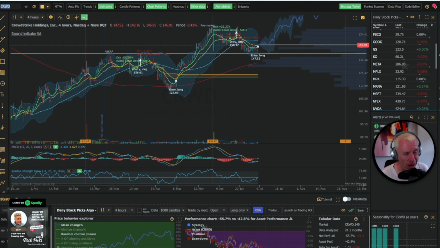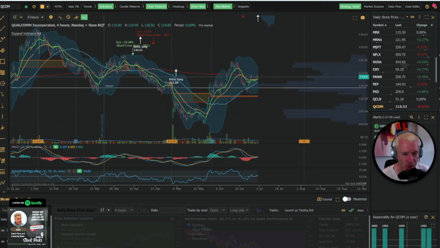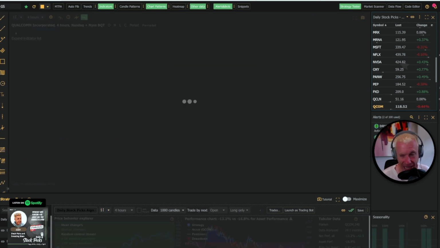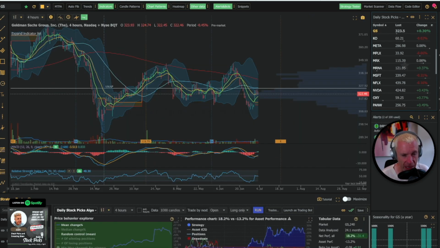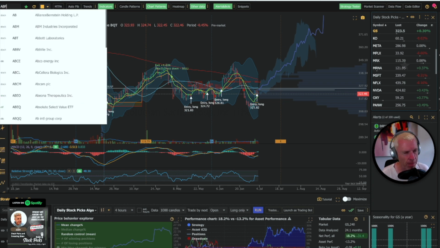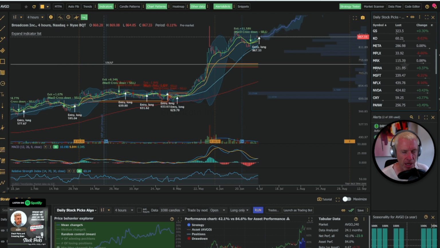Maybe Qualcomm. All of these are brand new entries. Let's look at Goldman Sachs. I think it's a new entry. Yeah, you got the button hook and then it crossed up and boom, you're getting that one. Let's look at Broadcom, AVGO. See if this one, because some of the chips... no, got you out and got you back in.